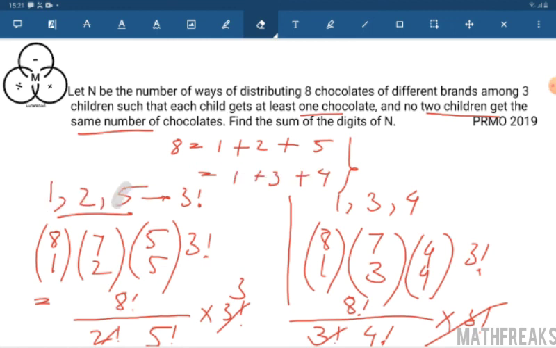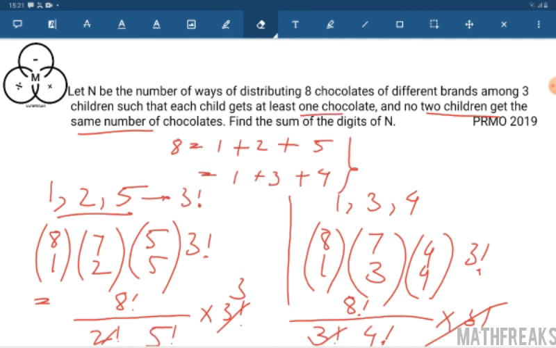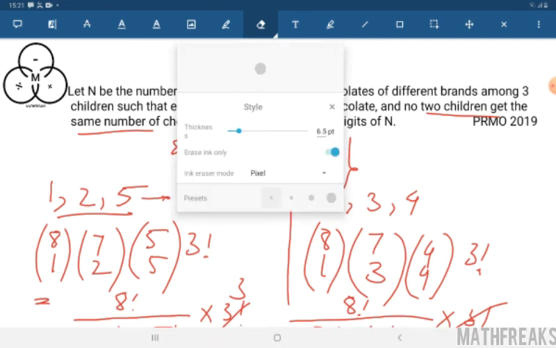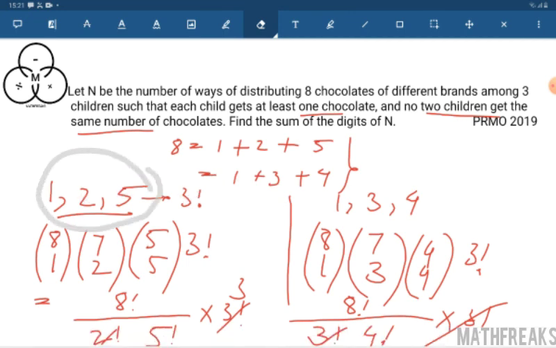Then 1, 2, 5 and 3 factorial. Now this 1, 2, 5 can be arranged in 3 factorial ways. Is it so or not? 1, 2, 5. 2, 5, 1. So on, 3 factorial ways are there.